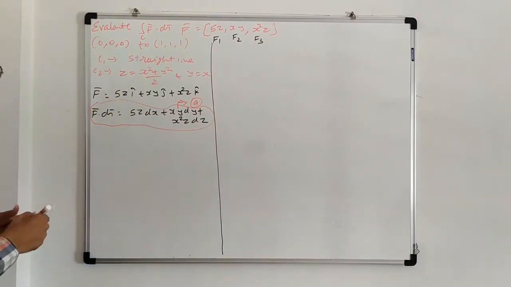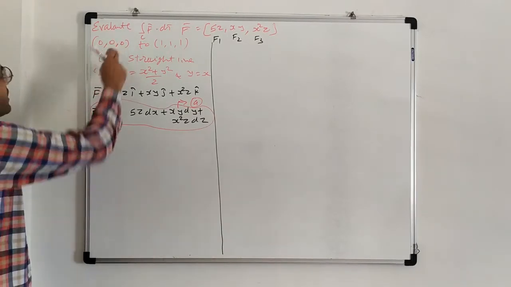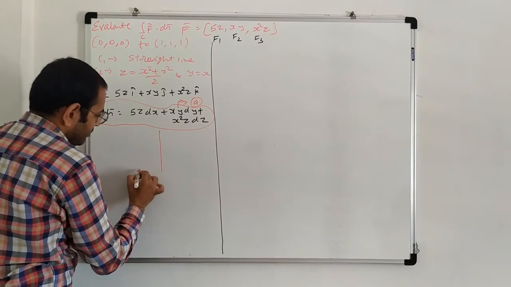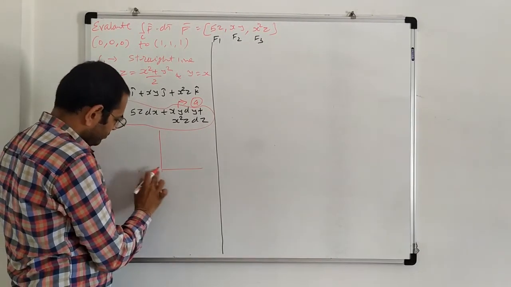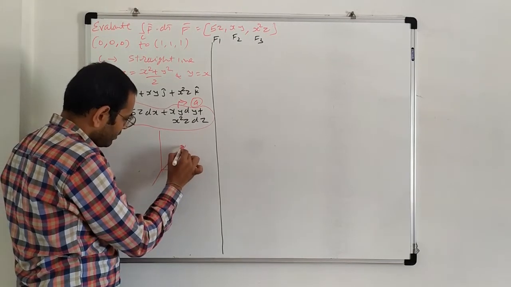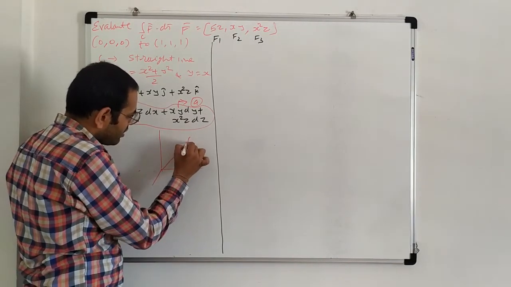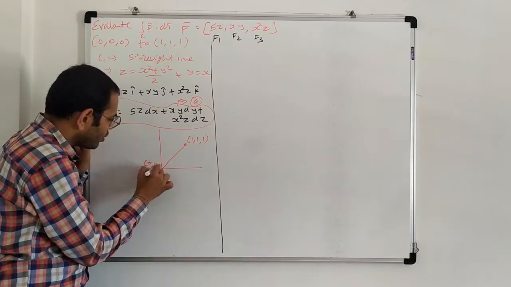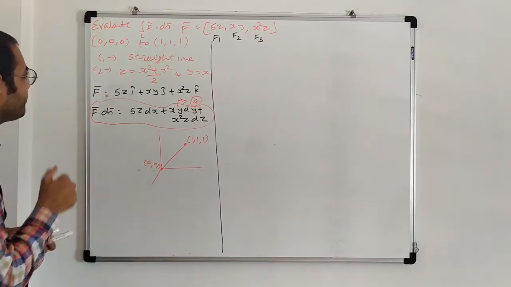Clear? Now, according to the straight line, here we have 3D variables. This point 1 is 1 1 1. This point is 0 0 0.